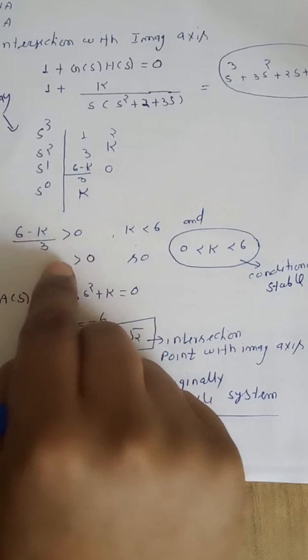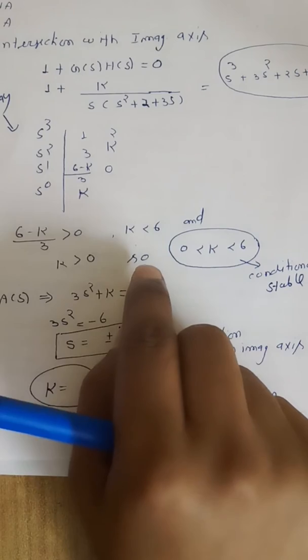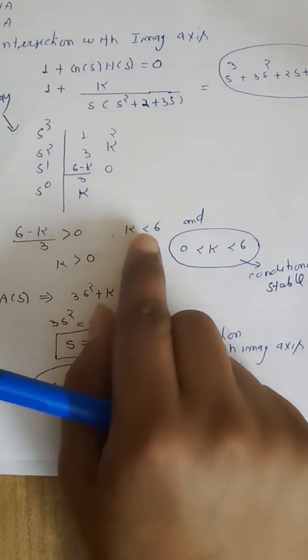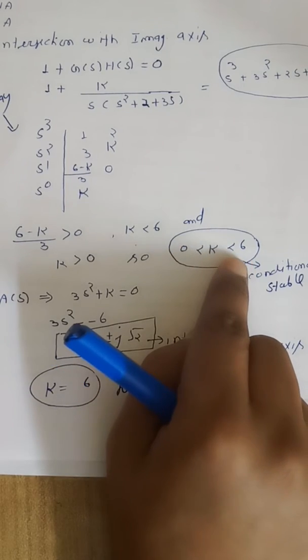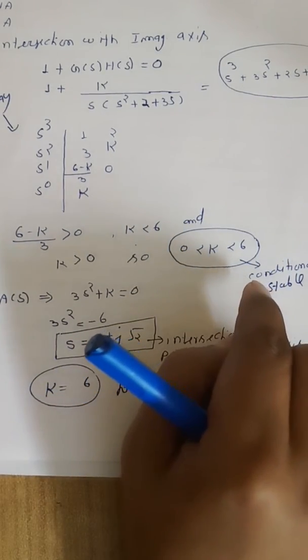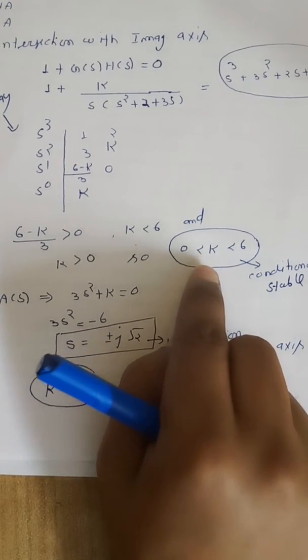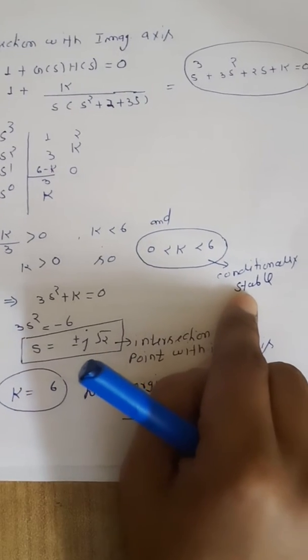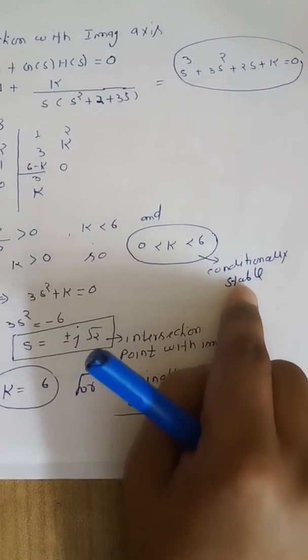So if we combine both conditions, we have k greater than 0 and less than 6. This is the range of k for which the system is a stable system, or we can say a conditionally stable system.